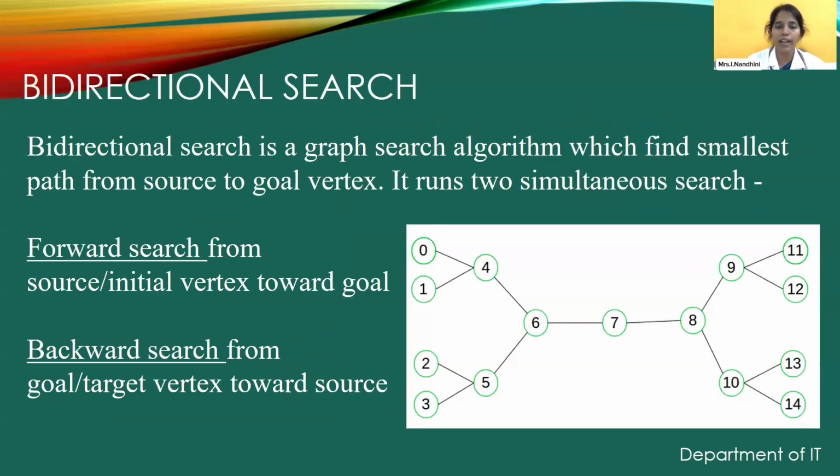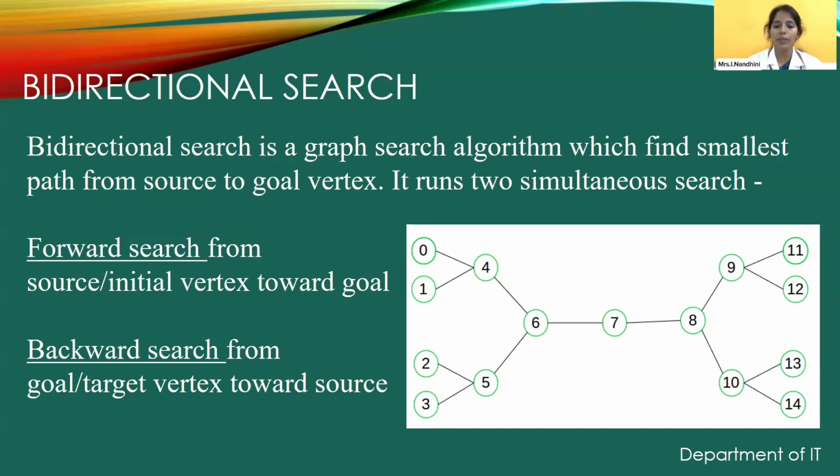The next one is bidirectional search. This is the last search of uninformed search. Bidirectional search is a graph search used to find the shortest path from source to goal vertex, and it runs two simultaneous searches. The first one is forward search, from source node to goal node, and the second one is backward search, from goal node to source node.